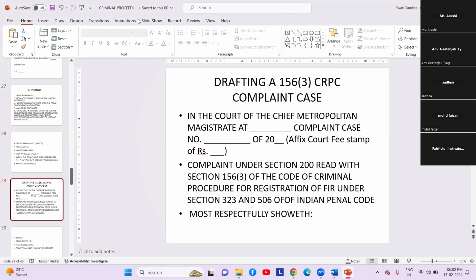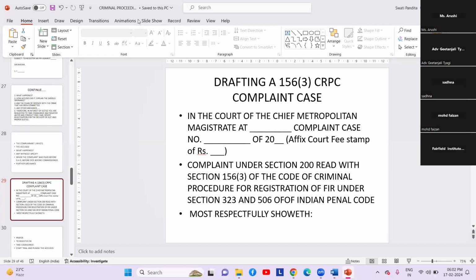Now, moving forward, there can be chances that even after giving the complaint to the DCP, nothing will happen. So what you will do is give a complaint to the Commissioner of Police. For example, in Delhi, SHO, the Deputy Commissioner of the specific district, and then the Commissioner of Police, Delhi.